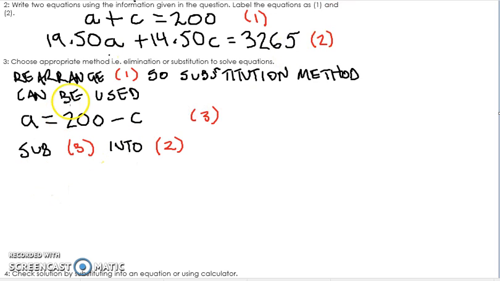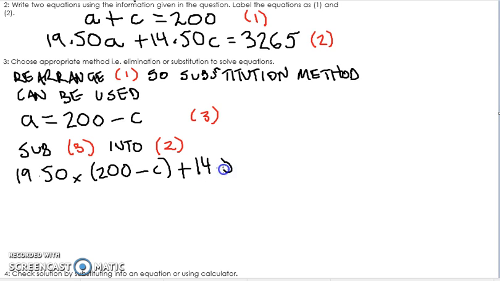So anywhere I see an A, I'm going to replace it with 200 minus C. So $19.50 times (200 minus C) plus $14.50 times C is equal to $3,265.